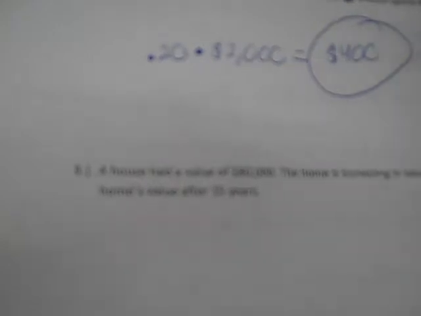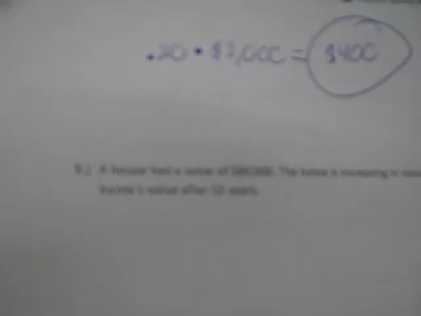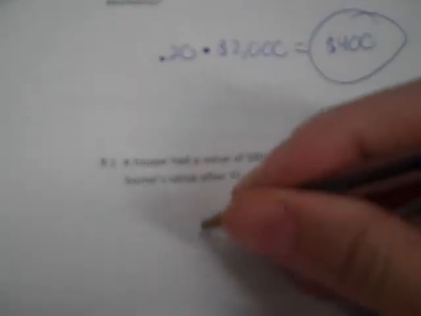Okay, a house had a value of $80,000. The home is increasing in value by 2% each year. Find the home's value after 15 years. So I have my beginning cost. Then I will times, but again, it's not just 2%, it's increasing by 2%. So we have to take 100% and add 2 onto it. So it's 102%.